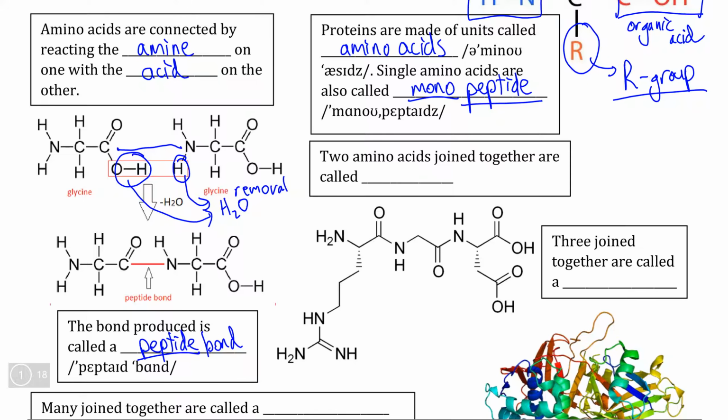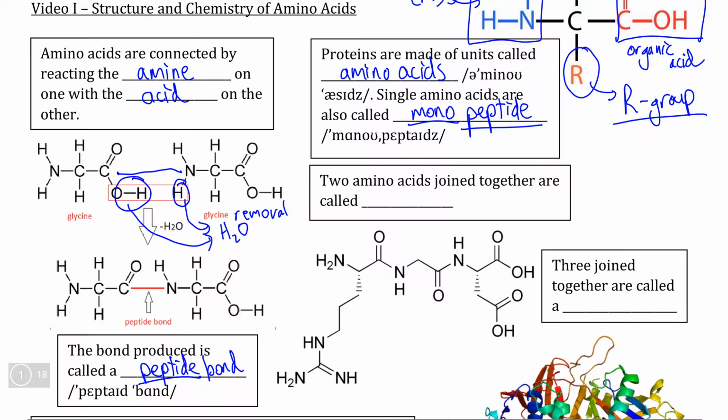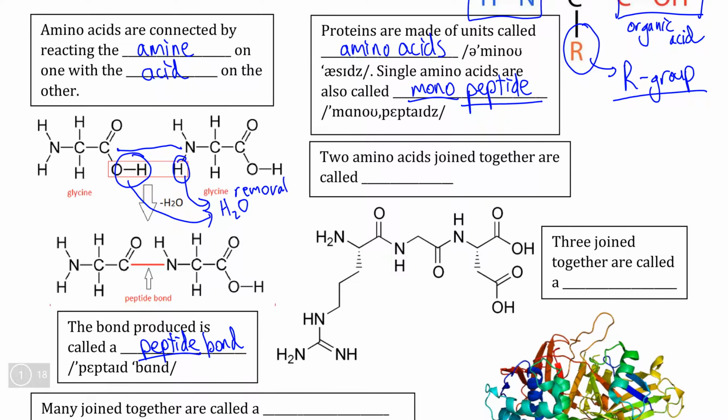And remember that peptide is just a word referencing anything related to proteins, so a peptide bond is the type of bond that holds all protein structures together. Now, not surprisingly, if a single amino acid is called a monopeptide, two amino acids joined together in this reaction are what we call a dipeptide.